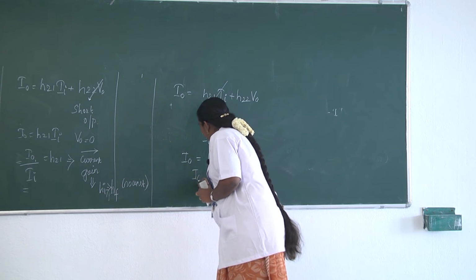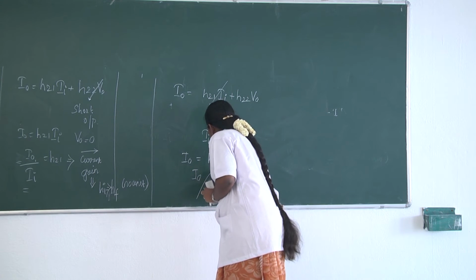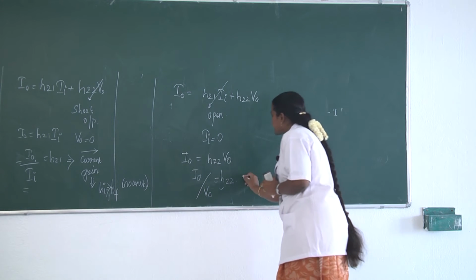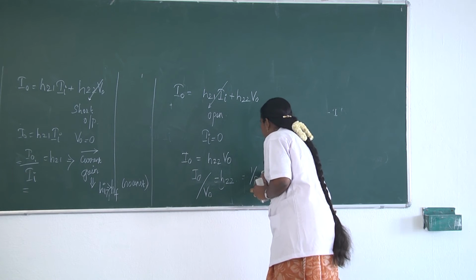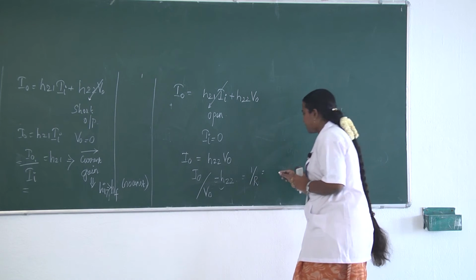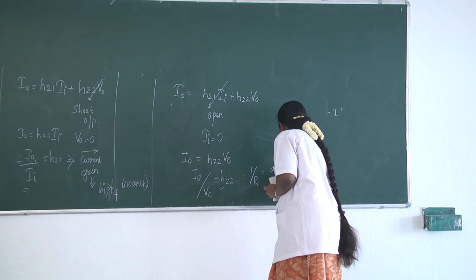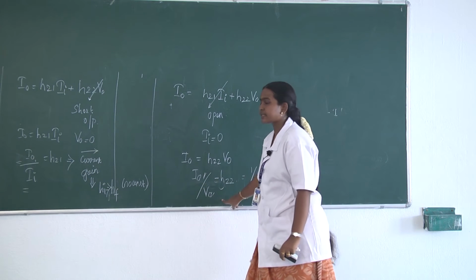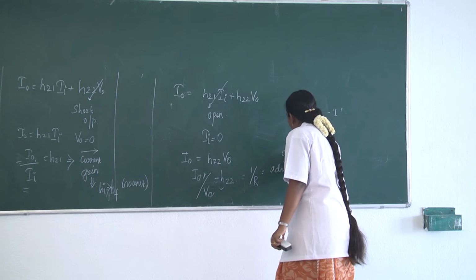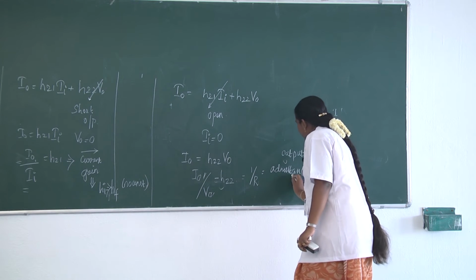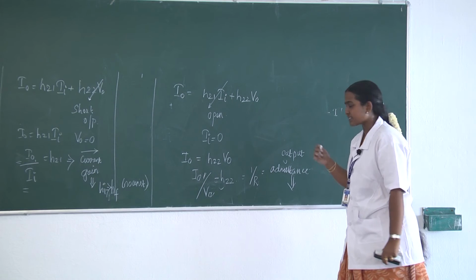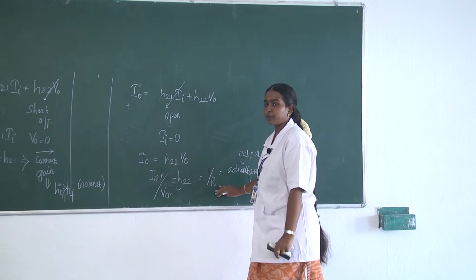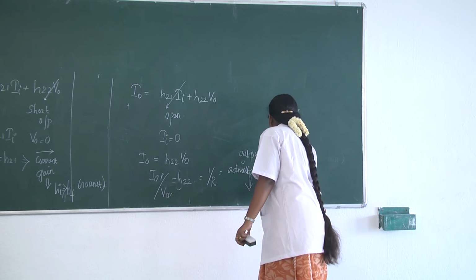So in the next step Io divided by Vo, which is equal to H22. See, this is a reciprocal of resistance, that is 1 by R. So normally we name it as admittance, and being here is an o which represents the output, we can say that one as an output admittance. So the particular term can be called as Ho. Okay. So this is a reciprocal of resistance, and we know the unit for this as mho, which is a reciprocal of ohm.